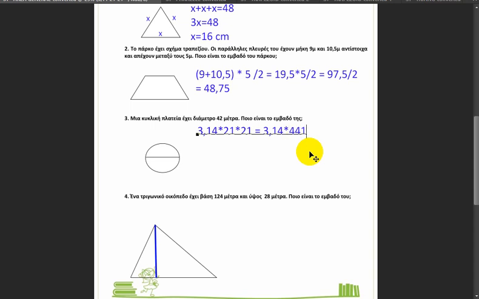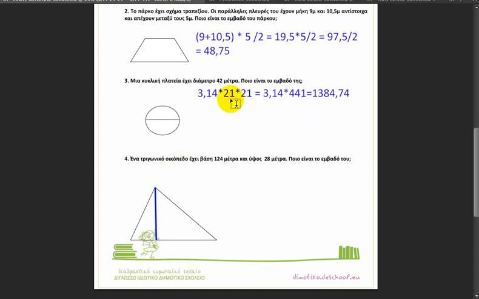And that multiplication will give us 1,384.74. So there you go. And you could have done these multiplications vertically.